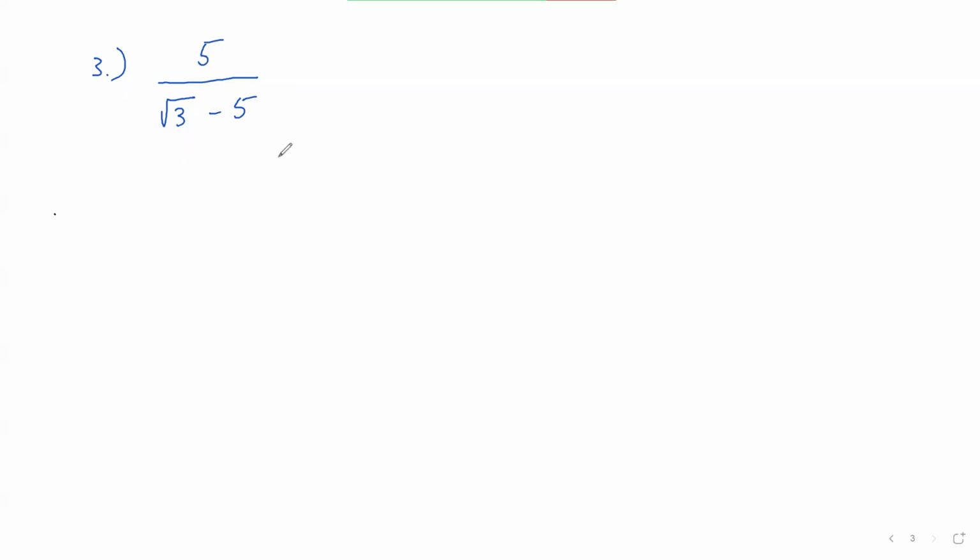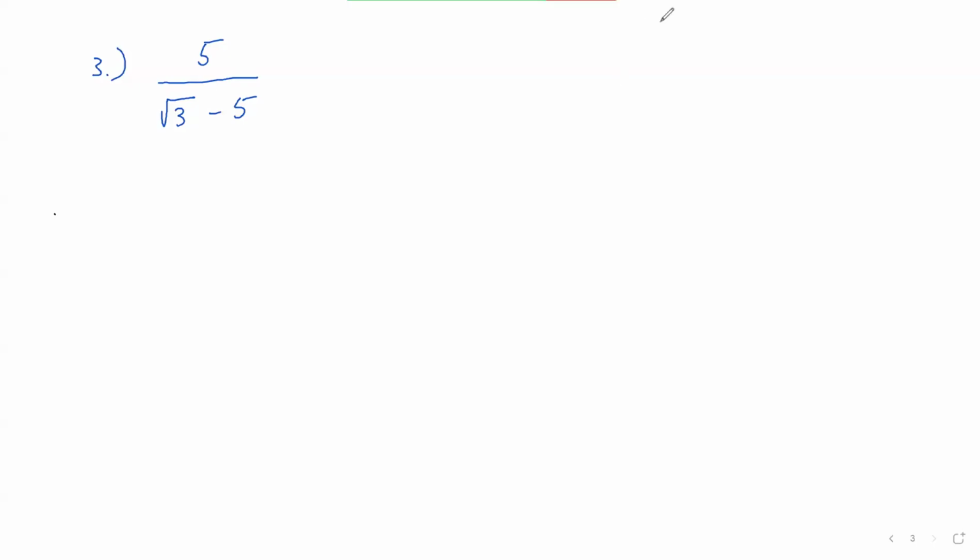All right. In this situation right here, you have the square root of 3 minus 5. To get rid of this radical, I don't think it's from the previous section. I don't even think we did see one. You saw one on the very last question.